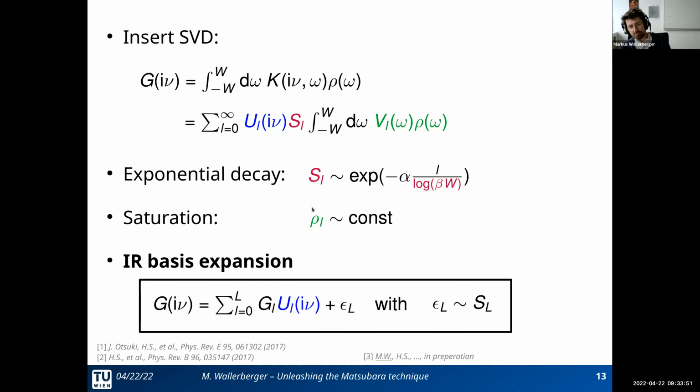The other thing we in principle also need to prove is that these things do not grow arbitrarily. So they at least go as a constant. However, they do not decay necessarily. And that is the problem that has plagued some maximum entropy algorithms very strongly. Because what they said was, well, we have this kernel, let's truncate it here because we know the singular values decay.